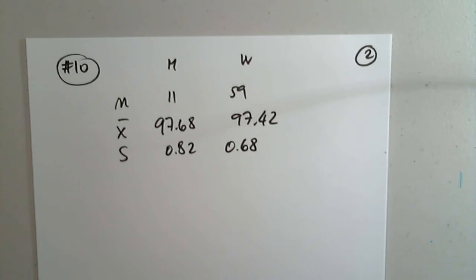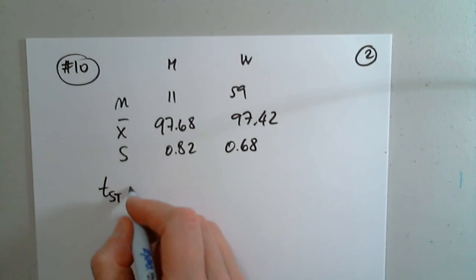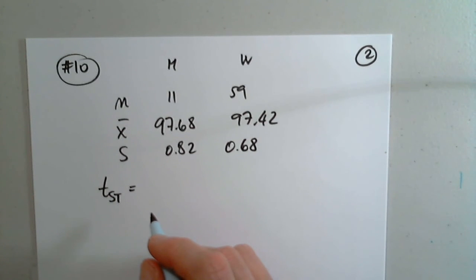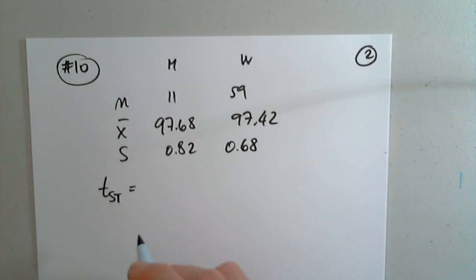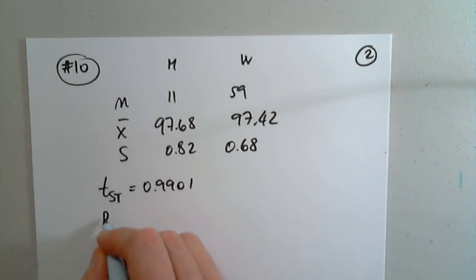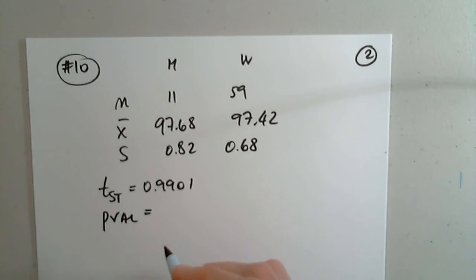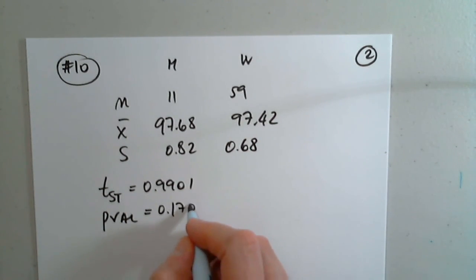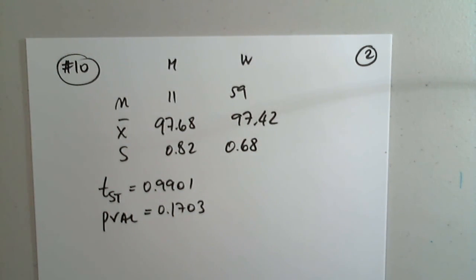So I see that the test statistic, t statistic, is 0.9901, and the p-value is huge, a lot of shading in there, 0.1703. Good.